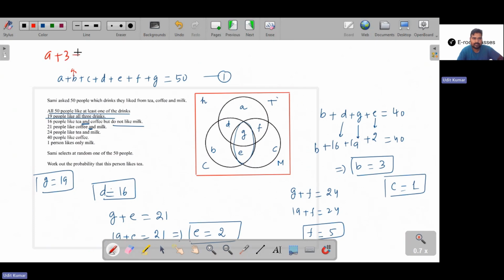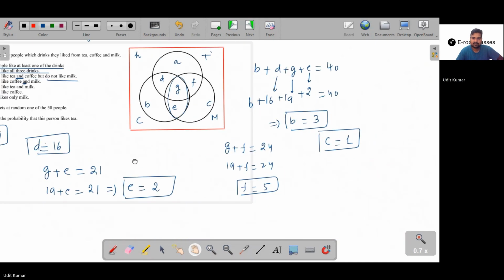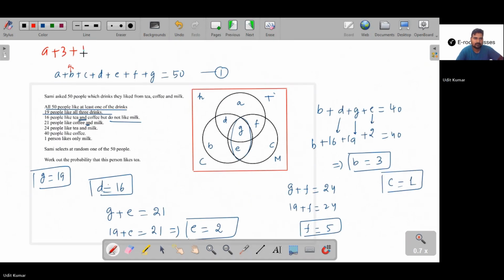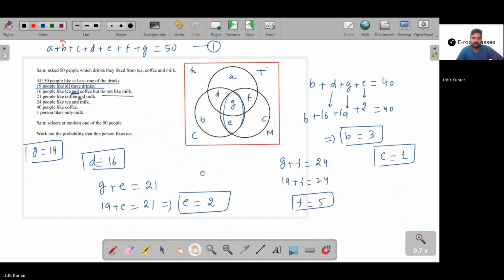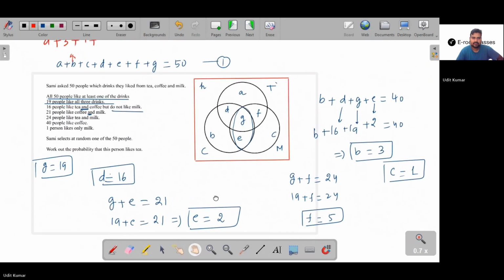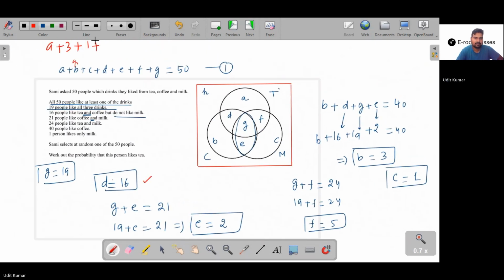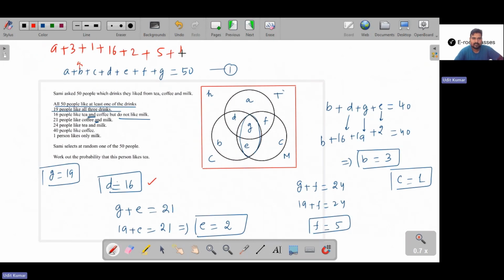So A plus 3, plus C which is 1, D which is 16, E which is 2, F which is 5, and G which is 19, should be equal to 50 from equation 1.